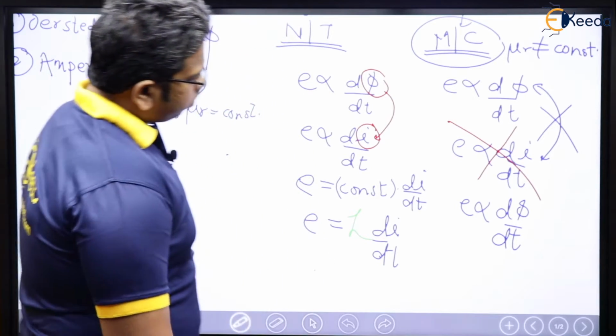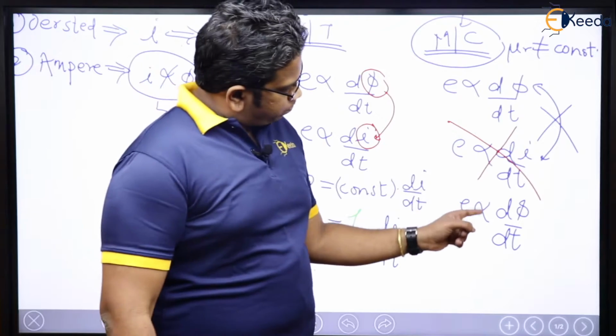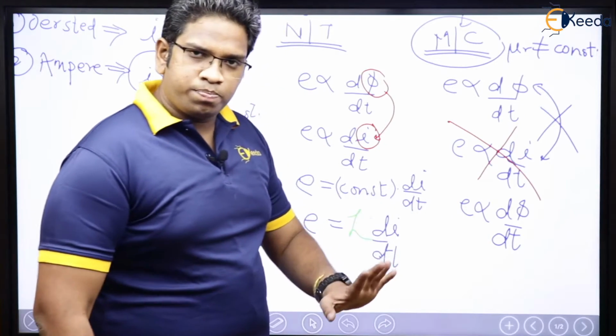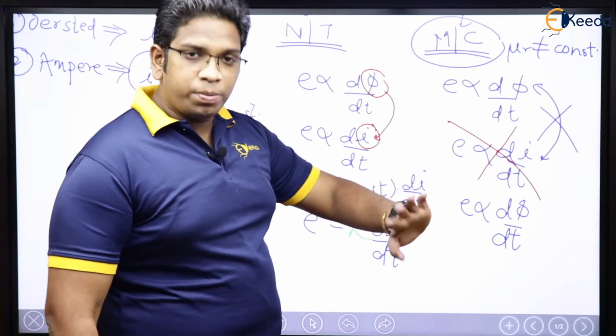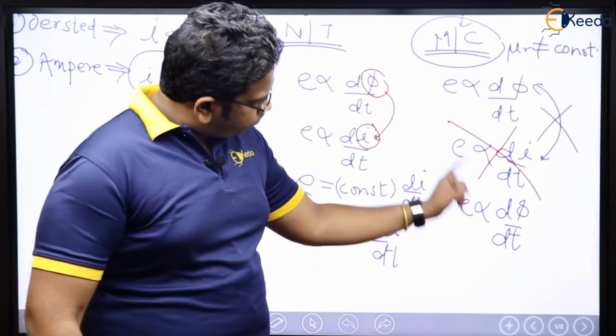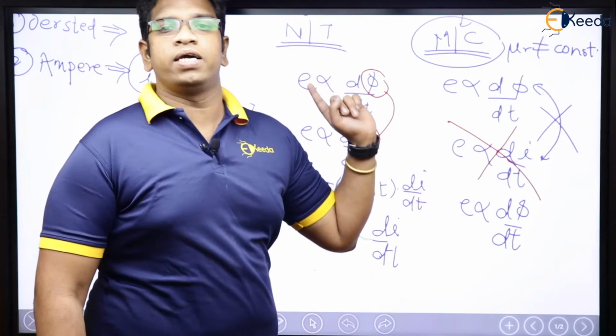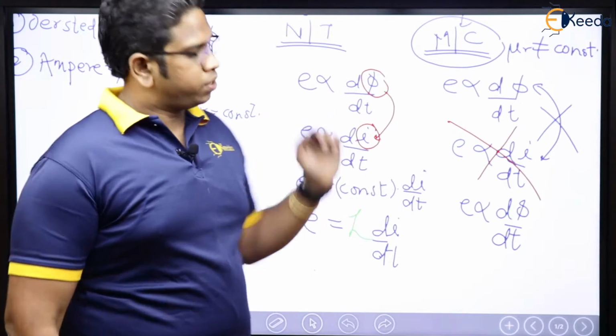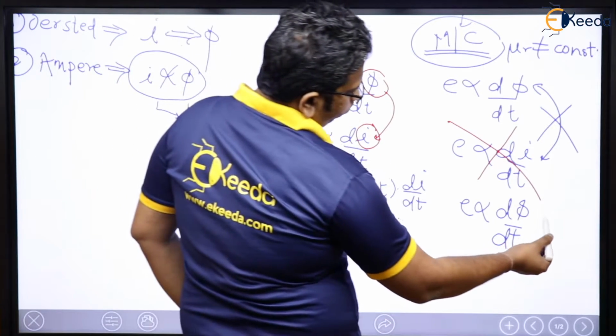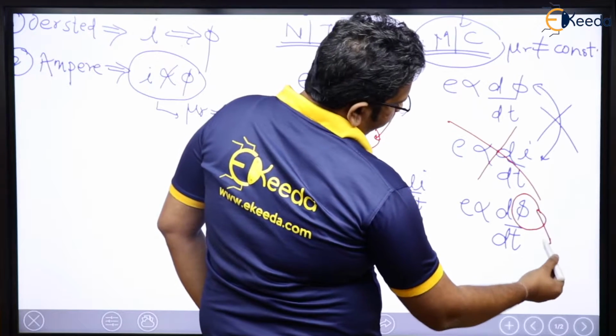Now, coming back to the topic. E proportional to d phi by dt, right? Which means flux cannot be replaced by current. Agreed? The moment we cannot replace flux by current, we have to analyze the whole machine in flux domain.